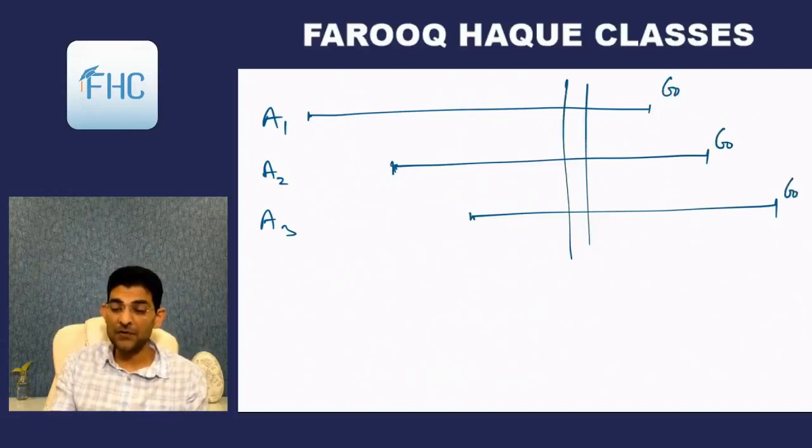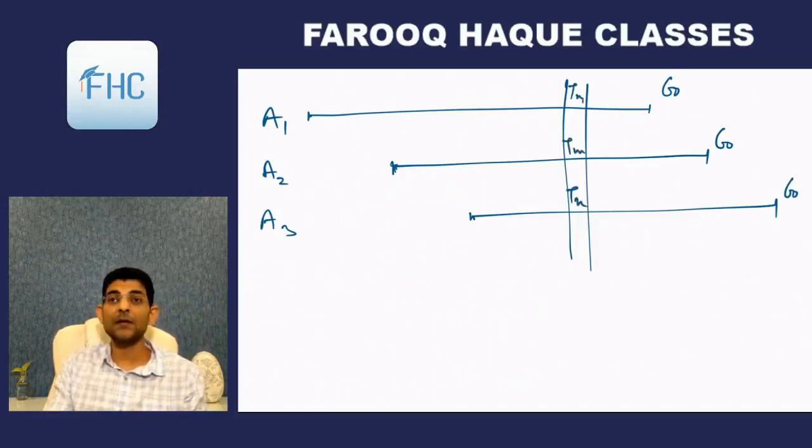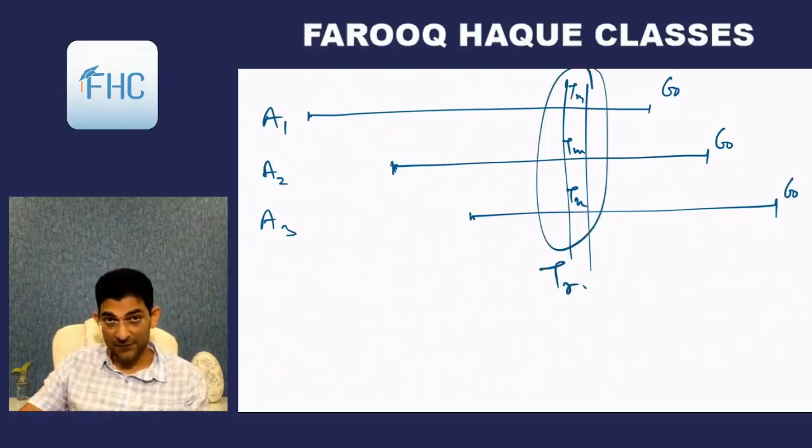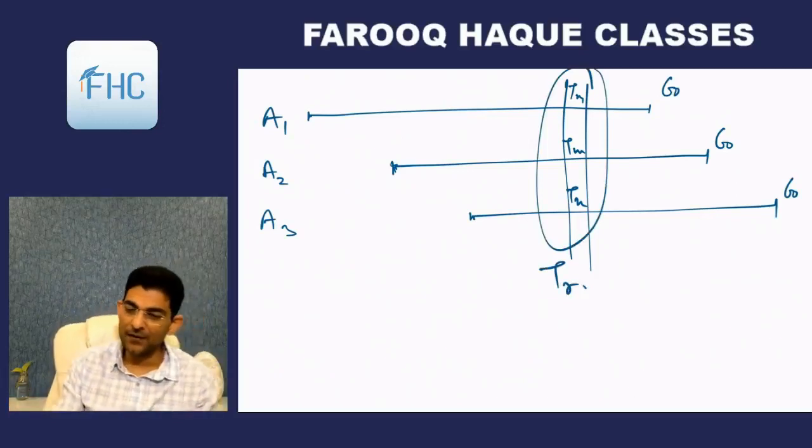And if my month is this, all the 3 assets have their useful life in this month. So here I'll get TM of asset 1, here TM of asset 2 and TM of asset 3. If I total all the 3, that gives me TR for this particular month.